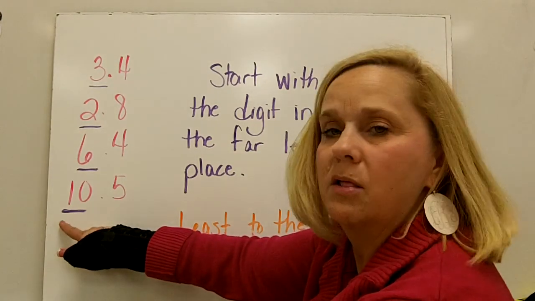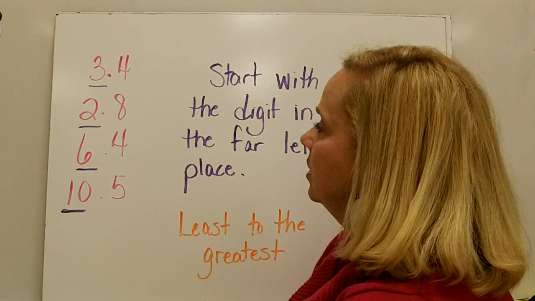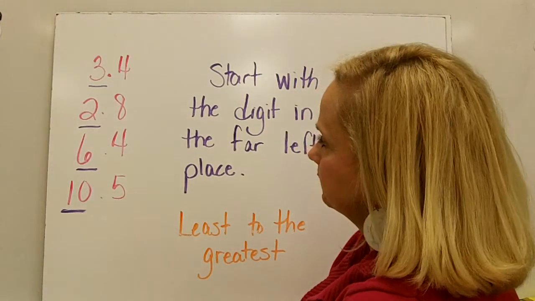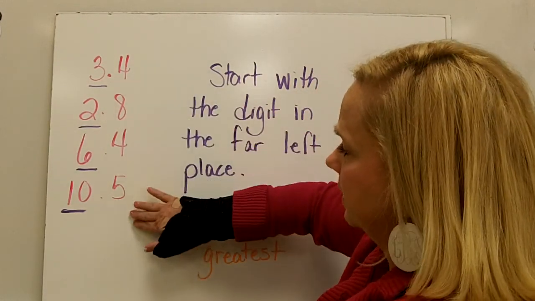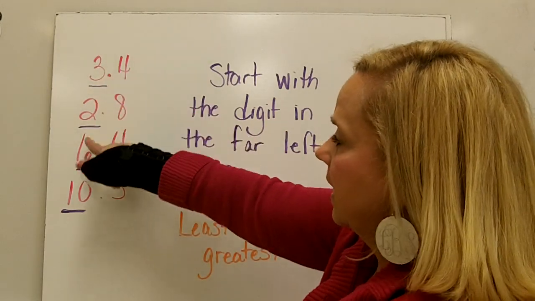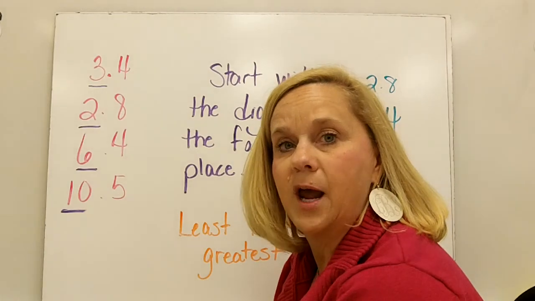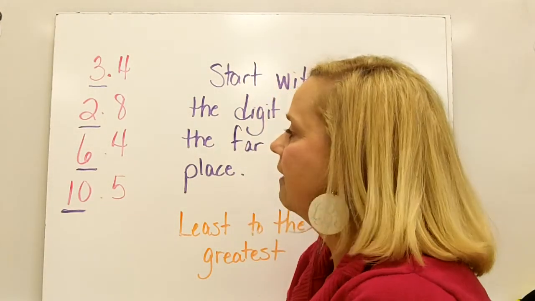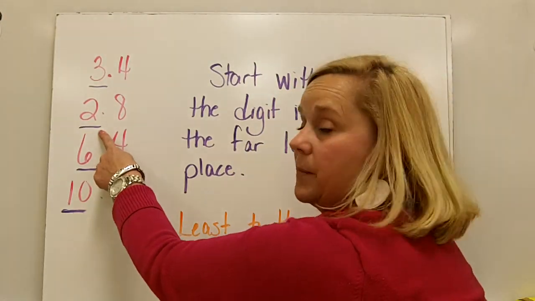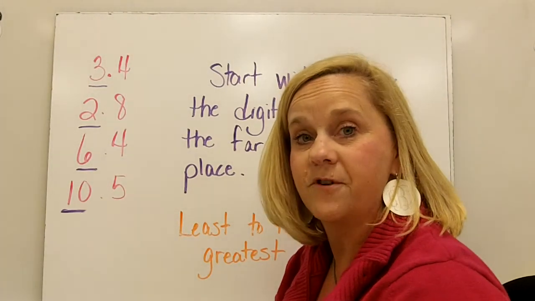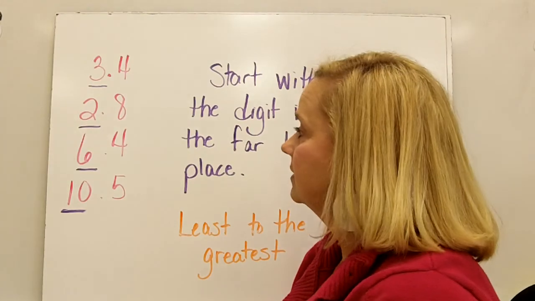So that would be my largest number. So if I wanted to order these from the least to the greatest, I'm going to try to find my smallest number. And since I have different whole numbers, I'm going to start out looking at my whole numbers and find out what is the smallest whole number that I have here. And 2 would be my smallest whole number. So that would be my first number if I ordered them from the least to the greatest.